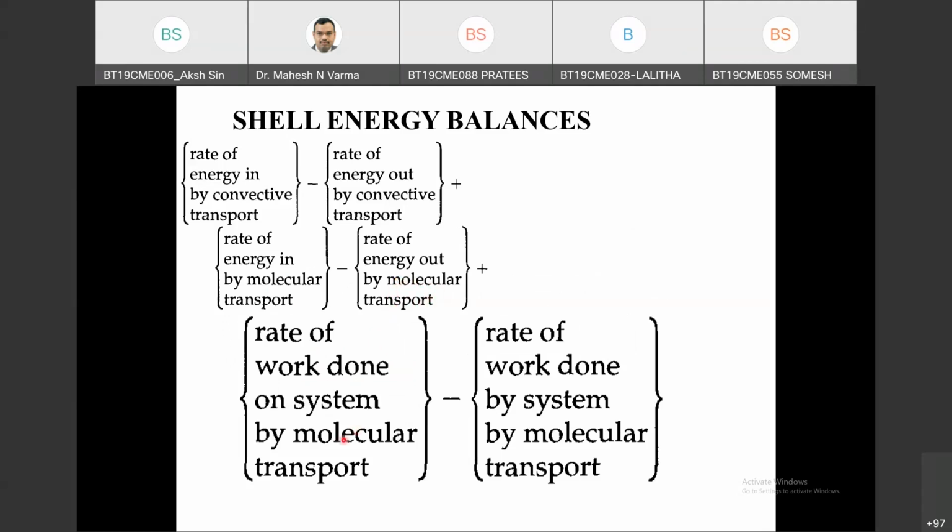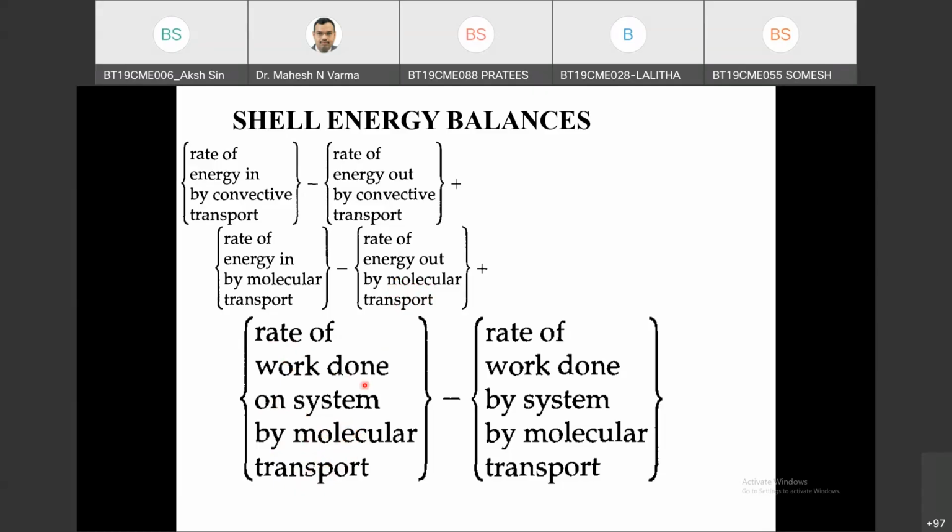But here, molecular transport means movement of molecules. So the rate of work done on the system by molecular transport means that if molecules are moving from one place to another, then there can be work done either by the system or on the system when molecules are moving within the system.